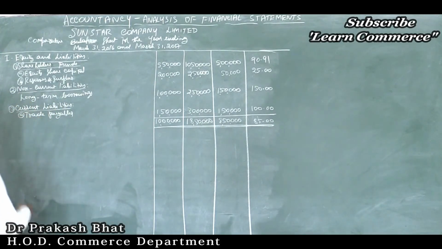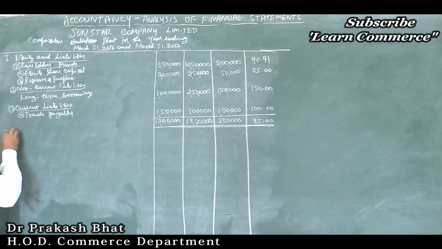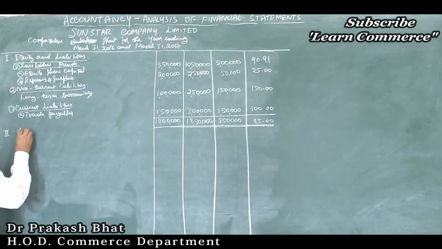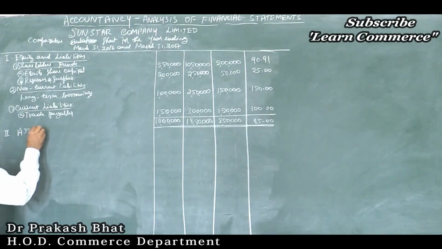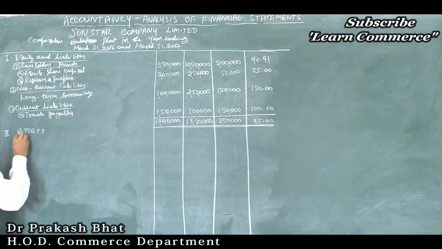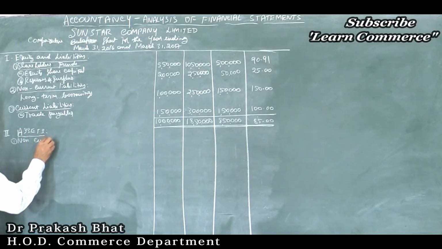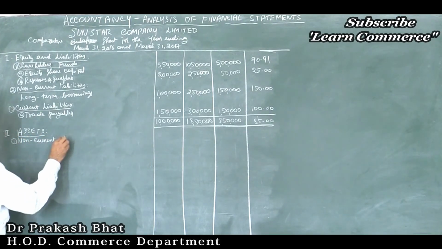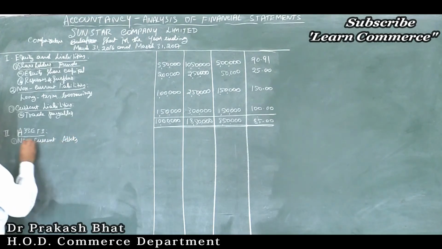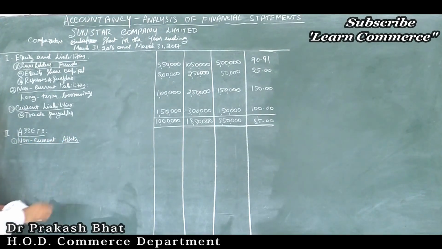Now let us move on to the next part, that is second one, Roman 2, assets. Under that, first one, non-current assets. Under that, fixed assets.